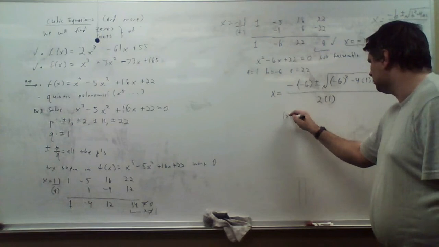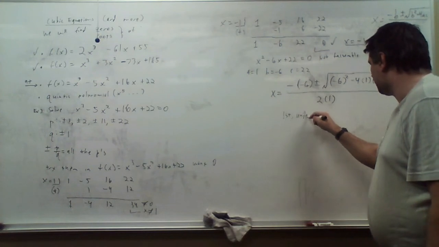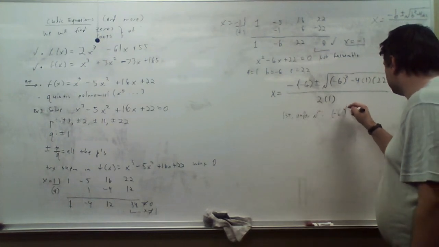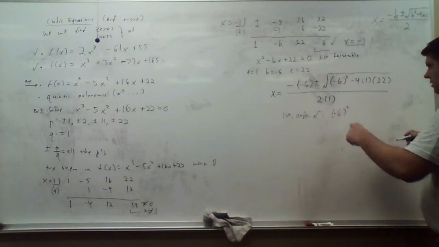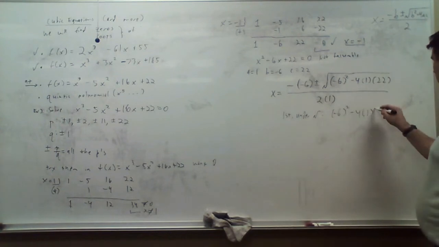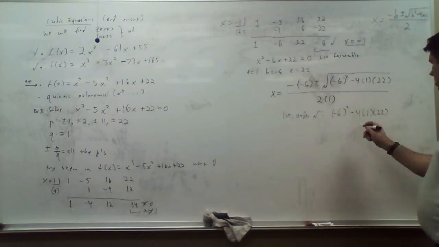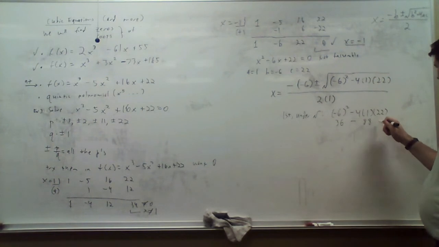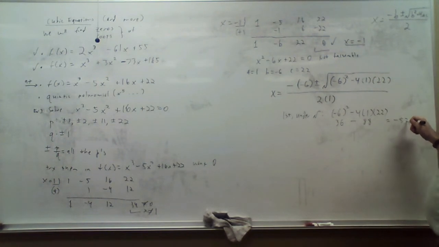First, under the radical, negative 6 squared minus 4 times 1 times 22. So that is 36 minus 88, which is negative 52.